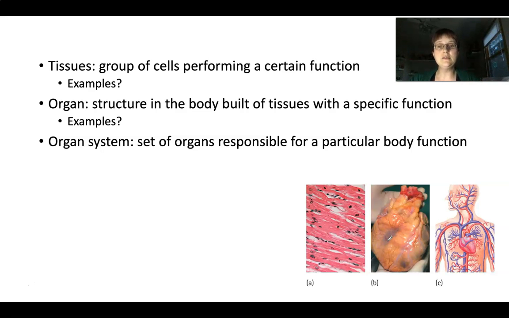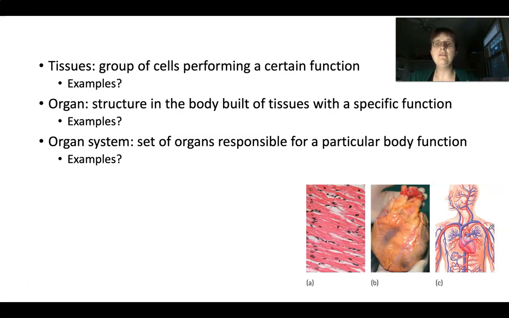That organ system is a set of organs that is responsible for a particular body function. So an example tied to the heart that we have here, the organ system would be the circulatory system. And so it would be the heart, and then the arteries, the veins, the capillaries. Those would be all the different organs that are tied into that organ system.